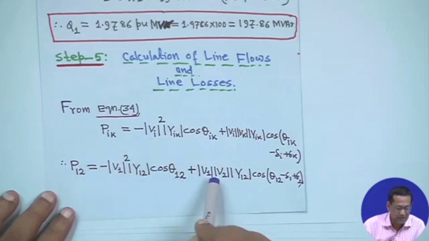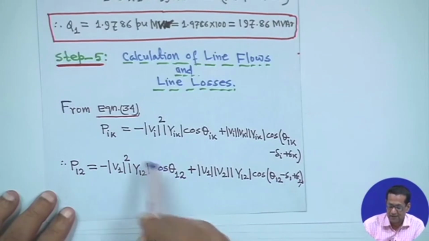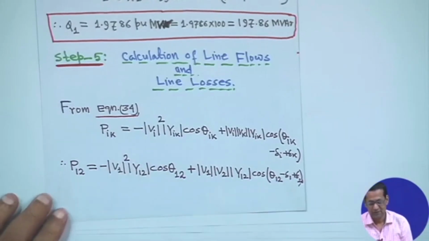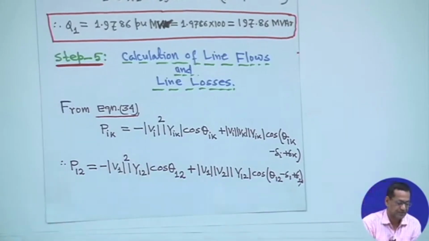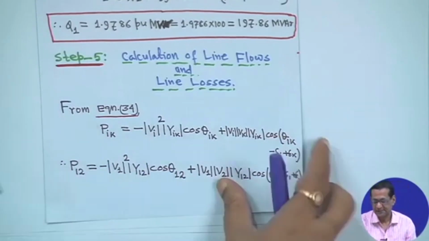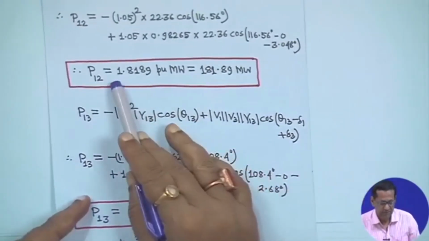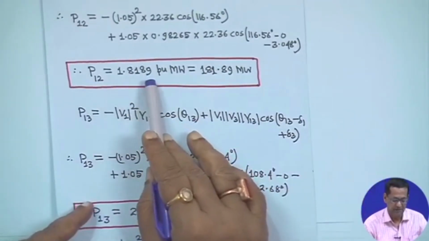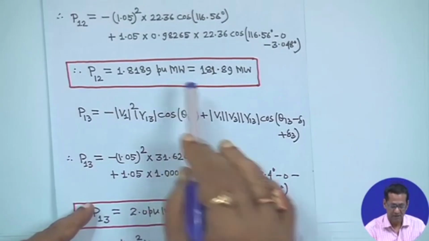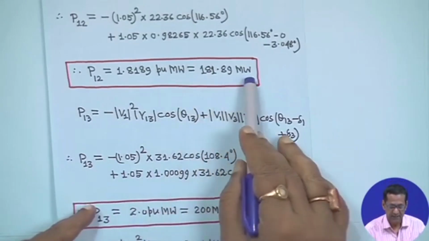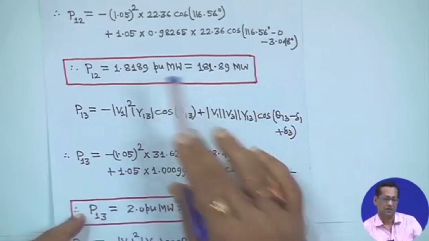This is your line flows formula. Put all the parameters, and when you put all the data, you will get P12 equal to 1.8189 per unit megawatt. So that is 181.89 megawatt, multiplying this per unit value by 100.